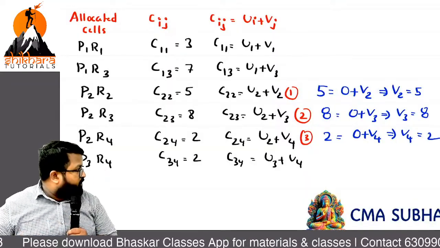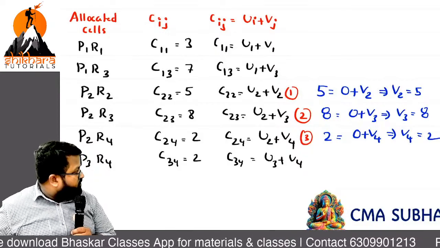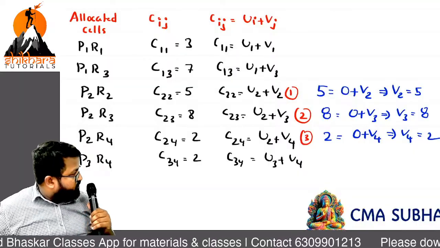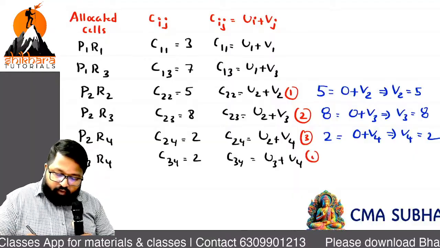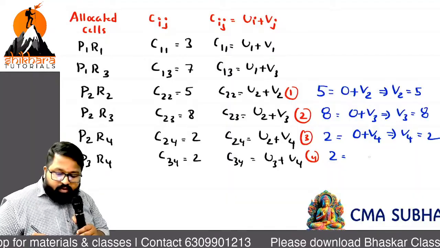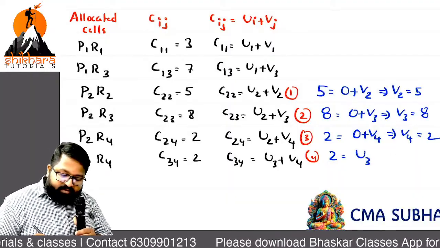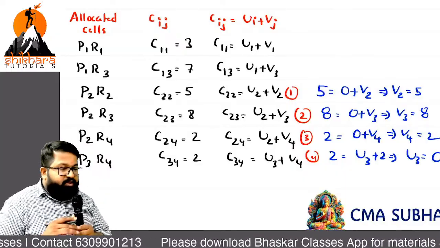Any chance of unlocking another equation? If you unlock the last equation 4, that is 2 is equal to U3 plus 2. That implies U3 is equal to 0.